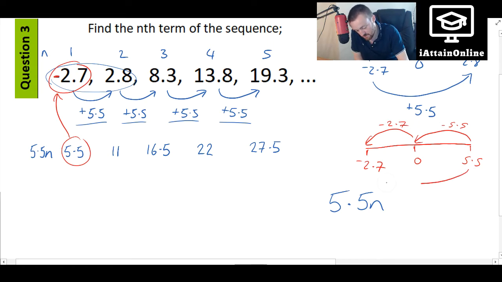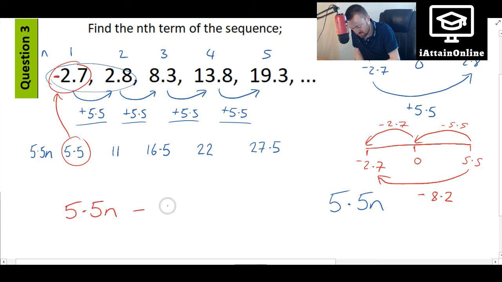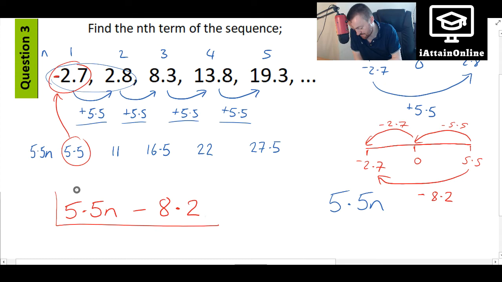So in total, you have taken away 8.2. So my final answer simply becomes 5.5n take away 8.2. And that's it. That's your final answer for that one.